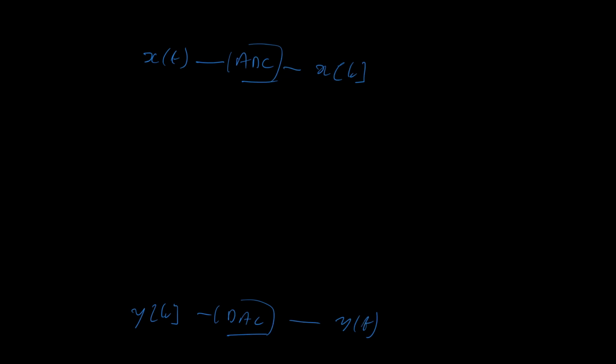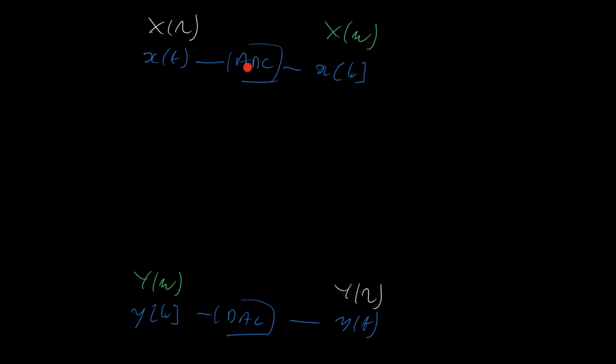In particular, if we know what our digital signal processing algorithm does to go from x of k to y of k in the frequency domain, meaning we know the relationship between the discrete-time Fourier transform of x of k to the discrete-time Fourier transform of y of k, then we can easily deduce the relationship from the Fourier transform of x of t to the Fourier transform of y of t. And we do this in the following way.